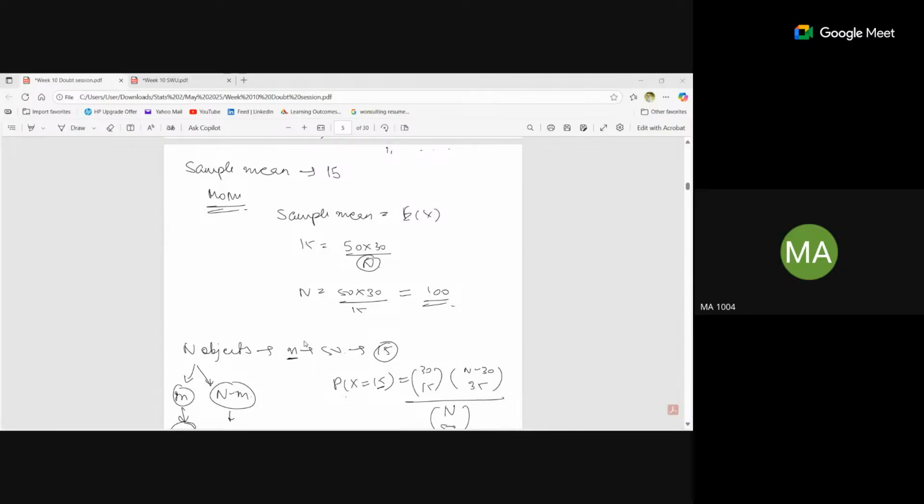Till then, any other doubt from 10.4? No doubts. Okay, let's go to the practice assignment then. Any doubts from the practice assignment? Anyone?